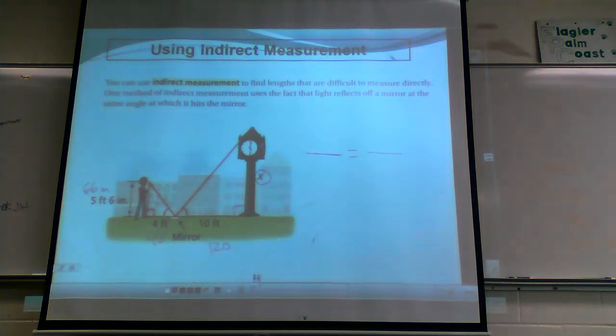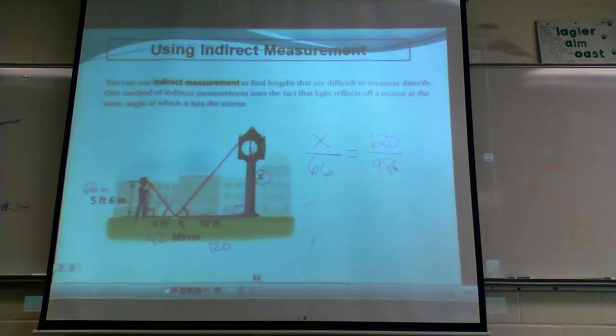So when I actually set this up, I'm going to do it in the manner of, I have to find x, which side corresponds to this x right there? 66. And on the other side, I would have the 120 on top, because that's the side that's with my x, on the same triangle. And then 48 would be on the bottom.